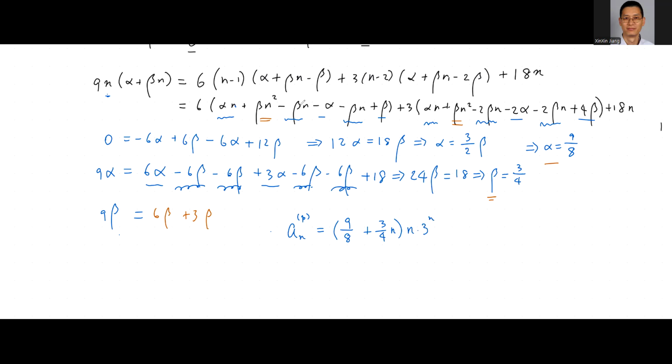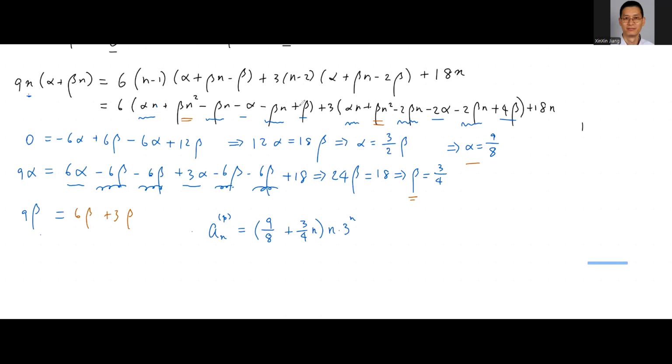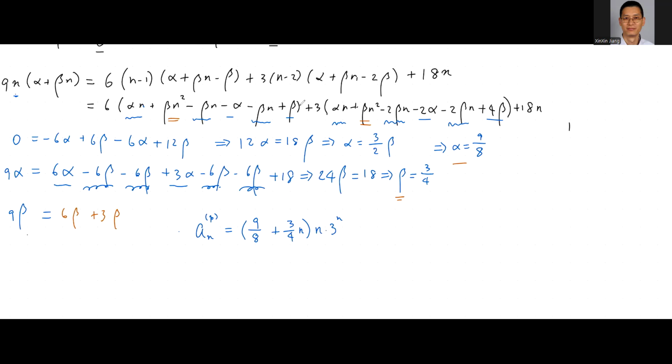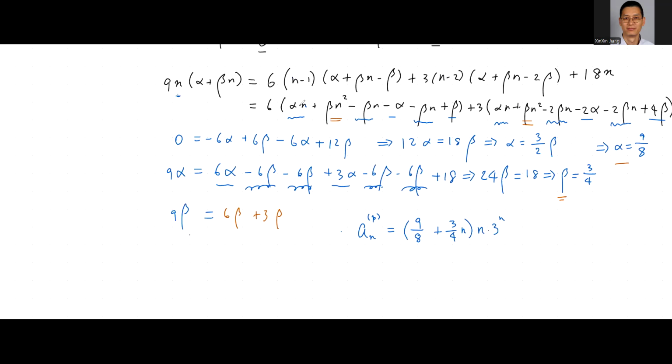Now we try to find the homogeneous one. Actually, we're gonna write down the whole solution, a sub n equals the homogeneous one. Let's use a capital A times -1 to the n.